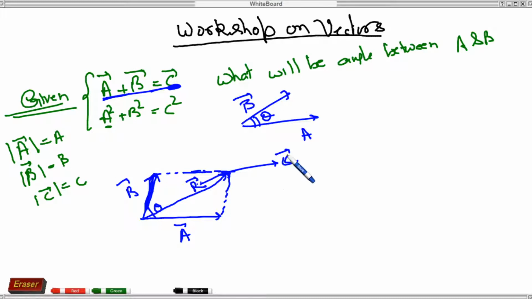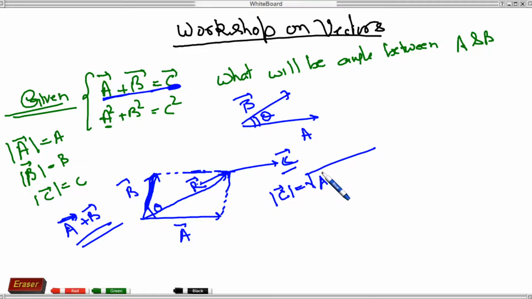So this was for A plus B, what we saw. Actually it's a parallelogram, we discussed it earlier. Like I told you at that time, this resultant C, the magnitude of C, is equal to under root of A square plus B square plus 2AB cos theta.